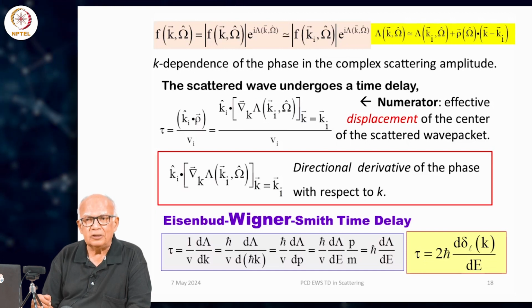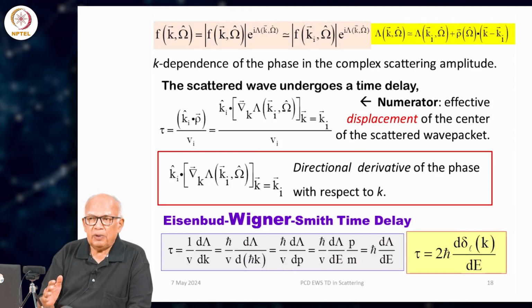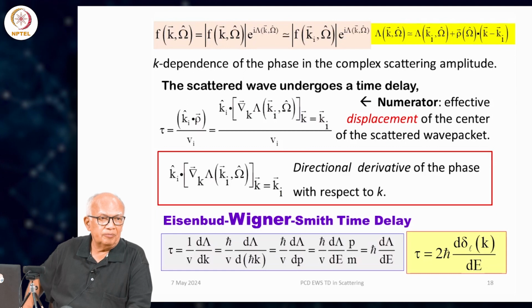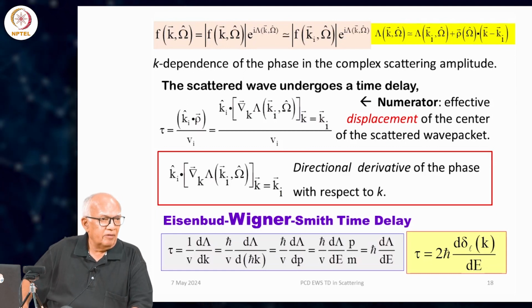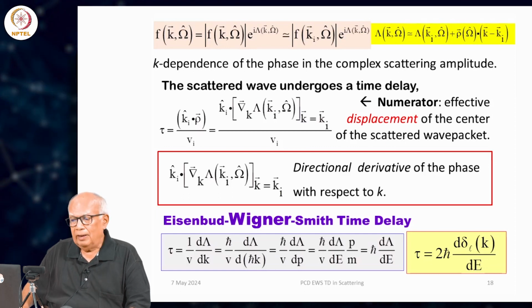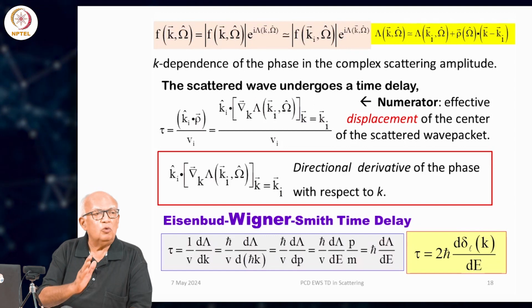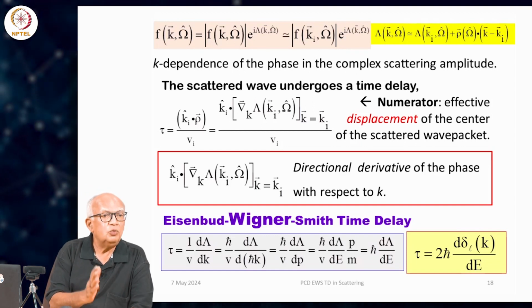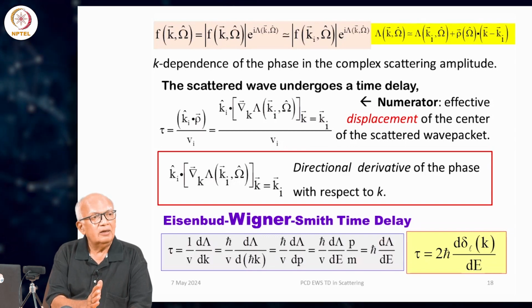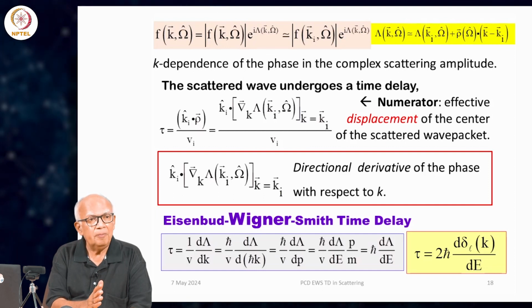which is very important. So, Smith also arrived at an expression for the scattering time delay, but from a totally different consideration, and I will be discussing this in the next lecture. But it turns out to be exactly the same as the Eisenbud-Wigner time delay, although he begins with a consideration which is totally different from that which was employed by Eisenbud and Wigner.